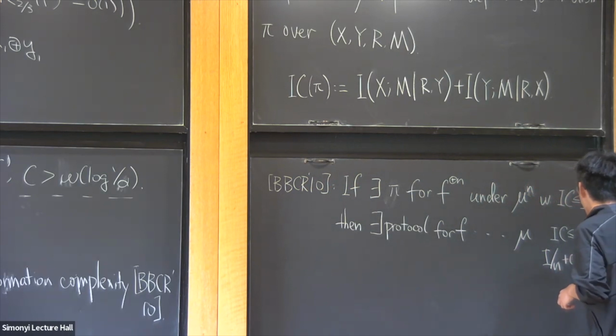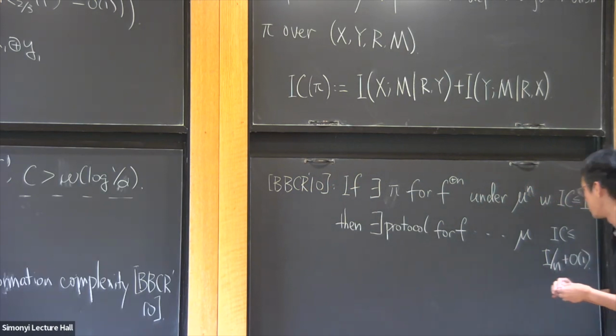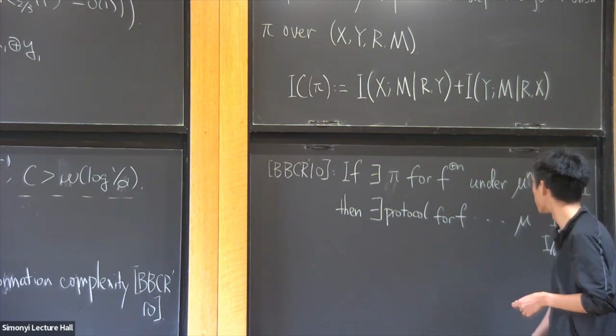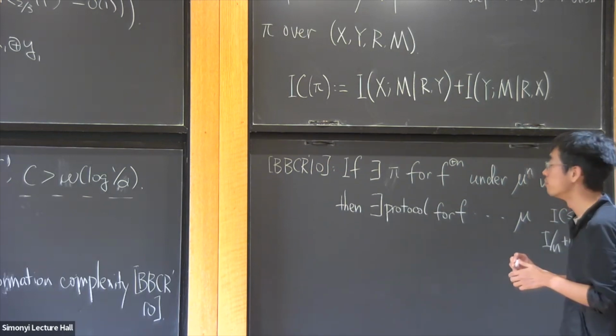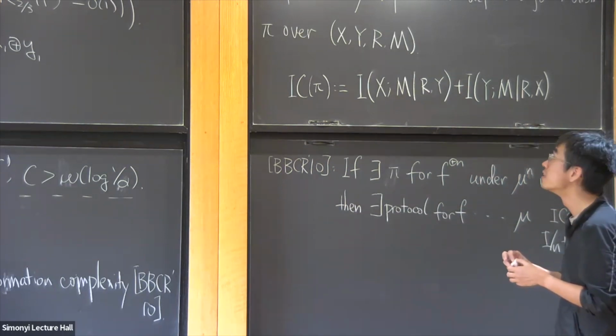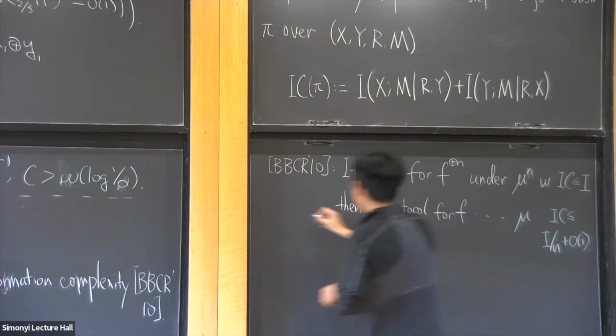So roughly 1 over n times the cost of pi.